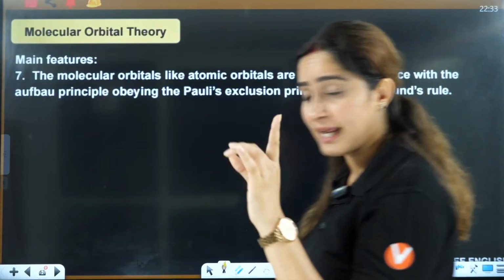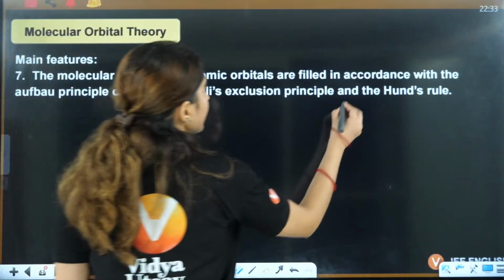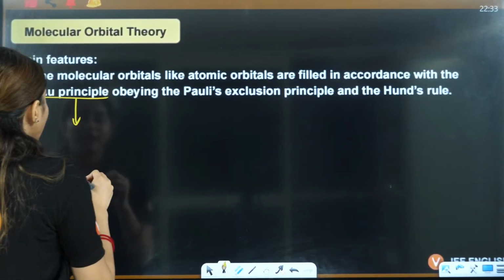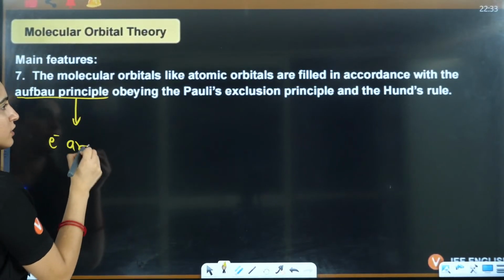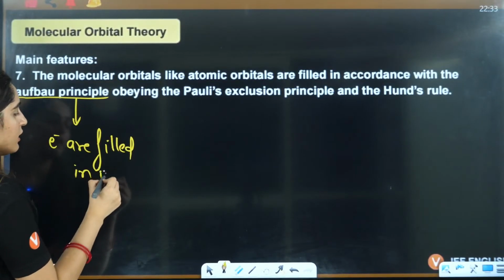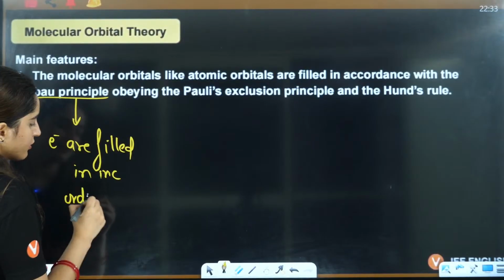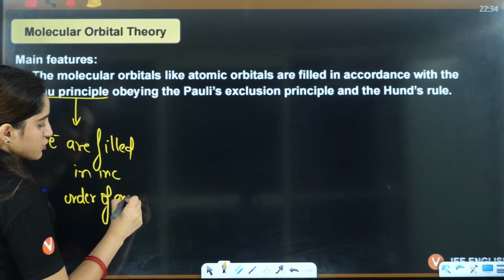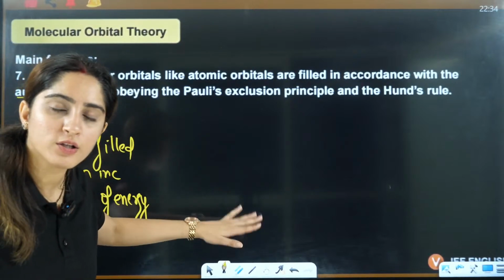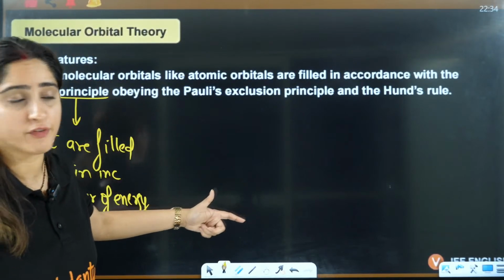Now when you fill the electrons here, it is filled in accordance with the Aufbau principle. What is the Aufbau principle? Electrons are filled in increasing order of energy. Lower orbitals will be filled firstly.